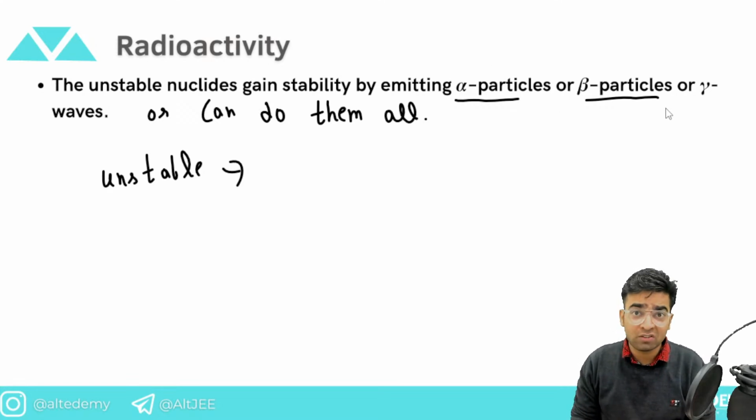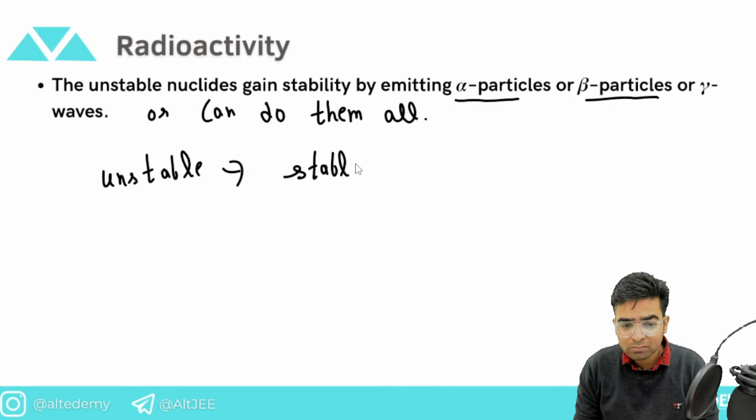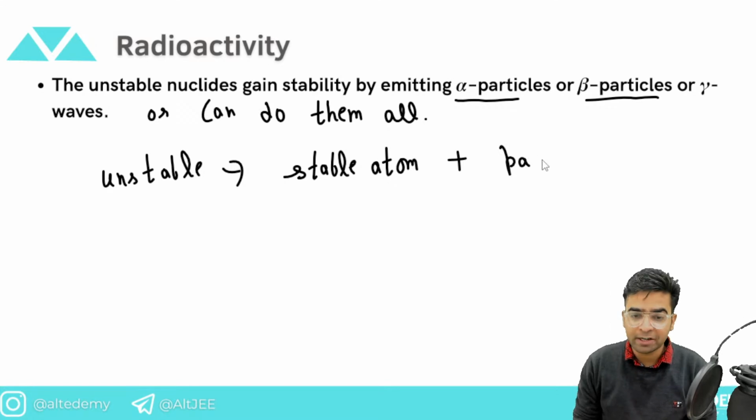After emitting this stuff, what will happen? There will be a stable atom plus a particle. There can be an alpha particle, a beta particle, or all of them.